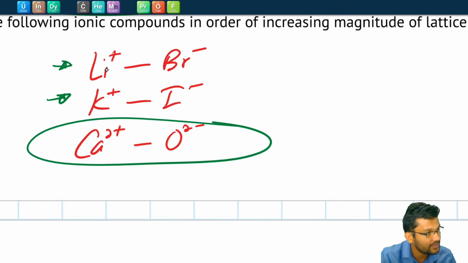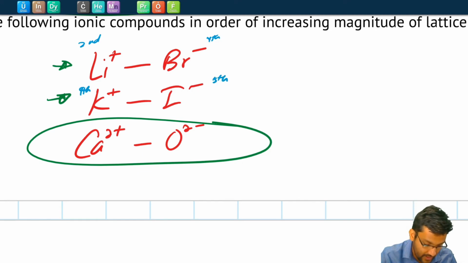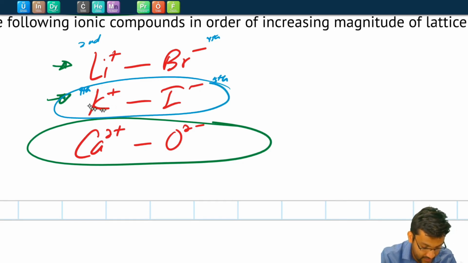Lithium, I'm looking at a periodic table, is in the 2nd row. Bromine is in the 1st, 2nd, 3rd, 4th row. Potassium is in the 4th row, and iodide, 1, 2, 3, 4, is in the fifth row. So in each of these cases, the potassium ion should be larger than the lithium ion, and the iodine ion should be larger than the bromine ion.